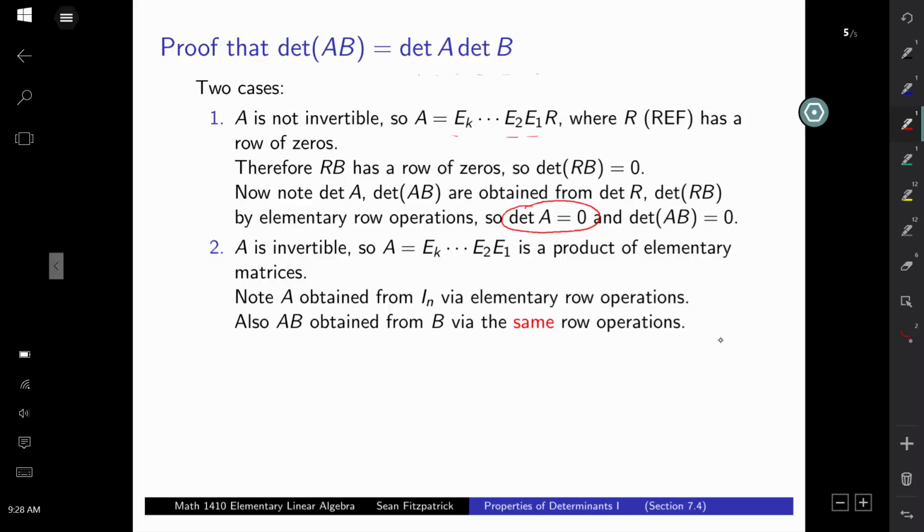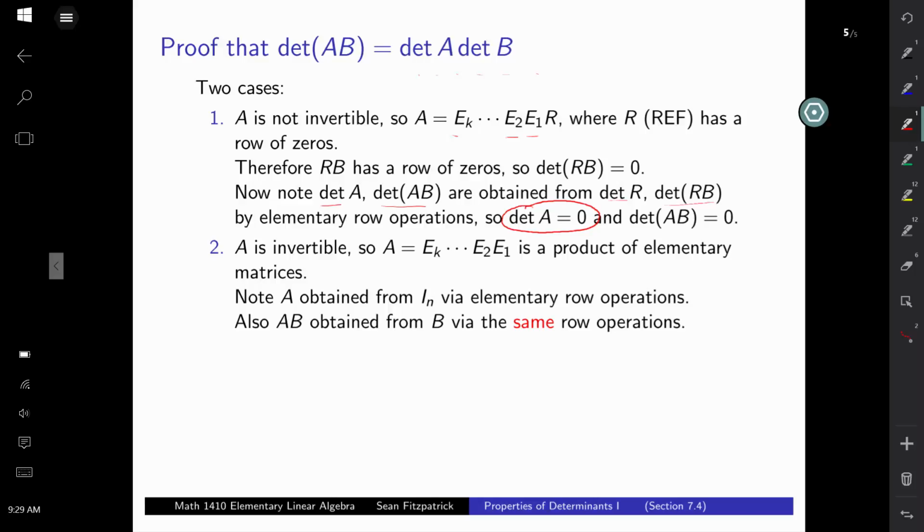R has a row of zeros, okay, then when I multiply by B, R times B will also have a row of zeros, right? Because when I multiply by that row of zeros, I get zeros all the way across. So the determinant of R times B is 0. And now we realize that, well, for both the determinant of A and the determinant of A times B, right, we can get those guys from the determinants of R and RB using elementary row operations.